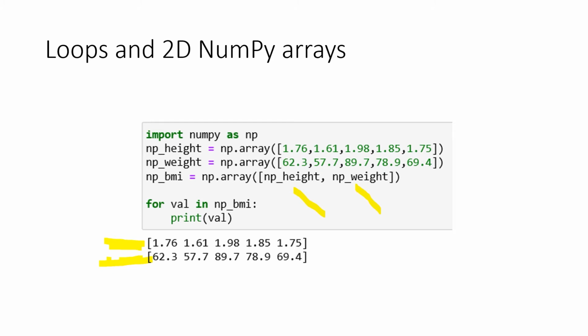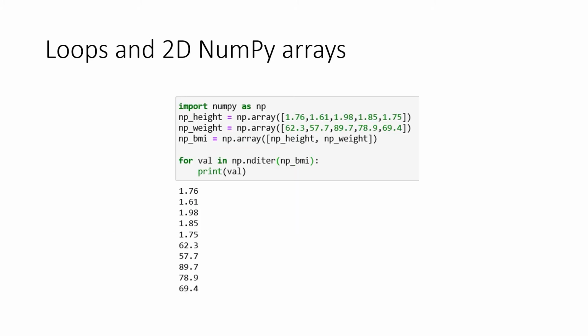But if you actually would like to loop through each individual value in an array, we have to use a different loop. For this problem, we still use the for in loop, but we have to modify it a little bit. And we do this by calling the NumPy function np.nditer.